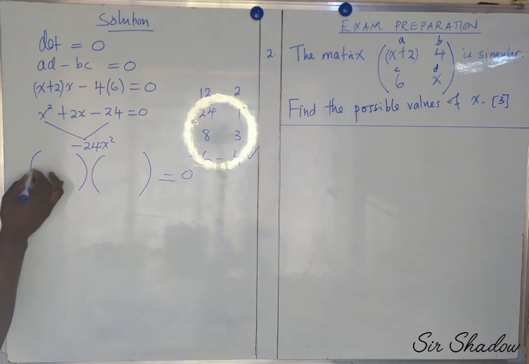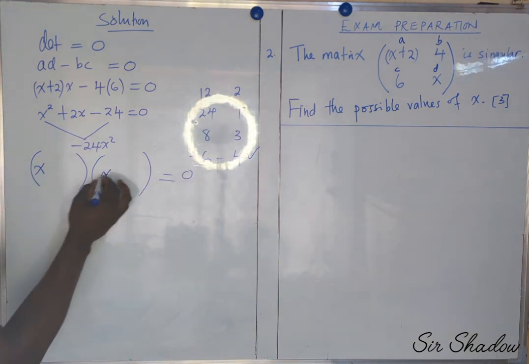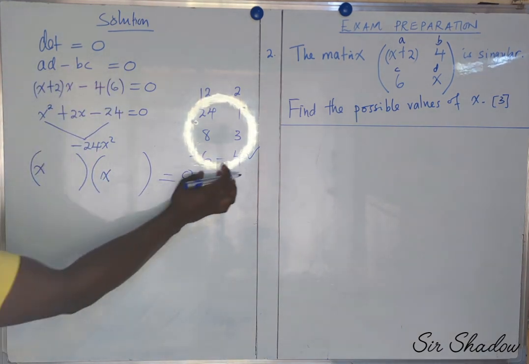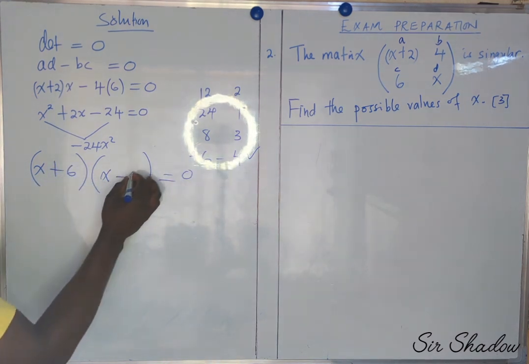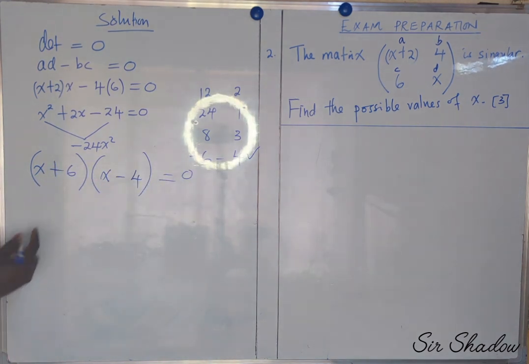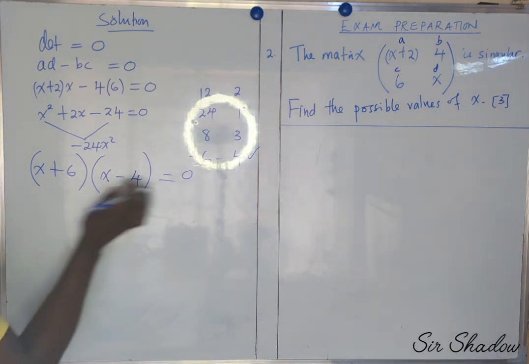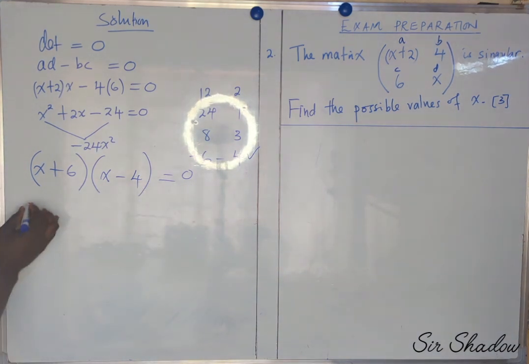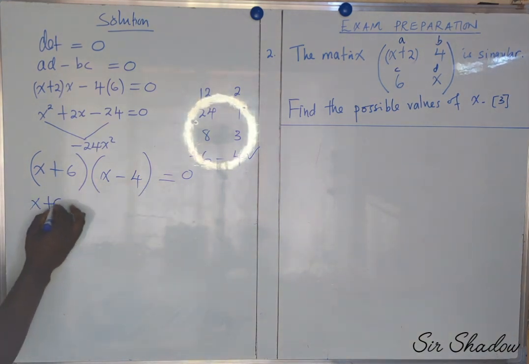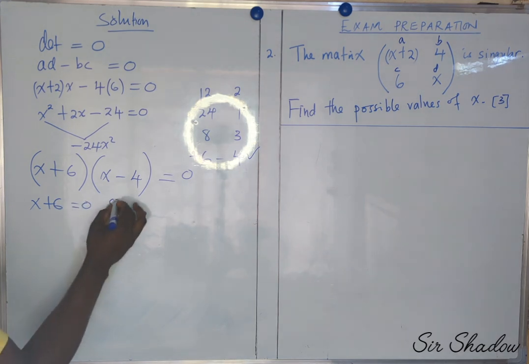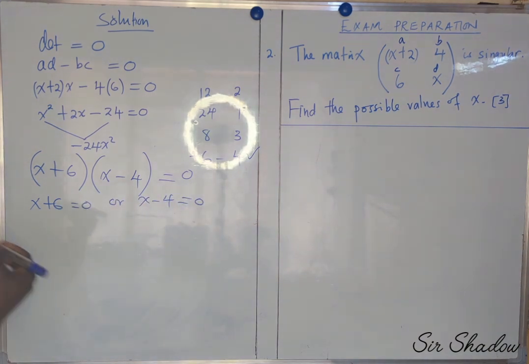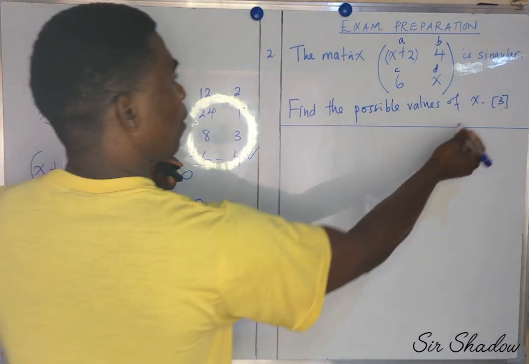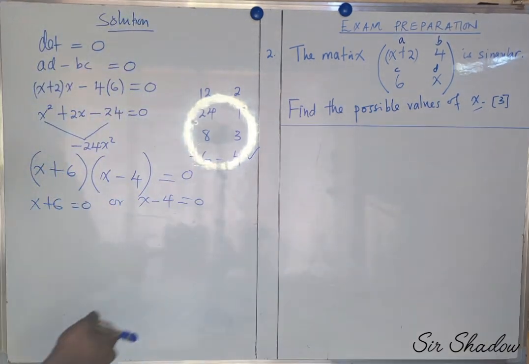We take x, plus 6, and minus 4. So either x plus 6 must be equal to 0, or x minus 4 must be equal to 0. Remember, we want to find the possible values of x.